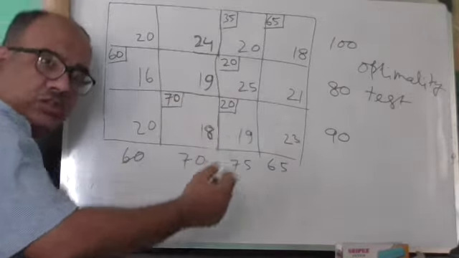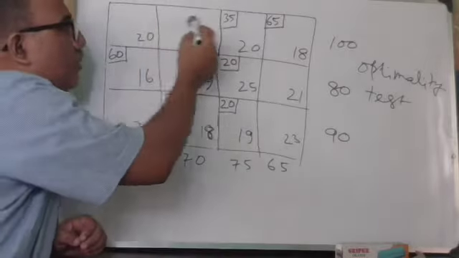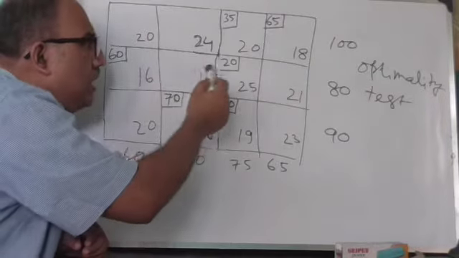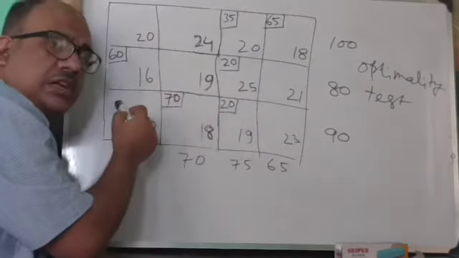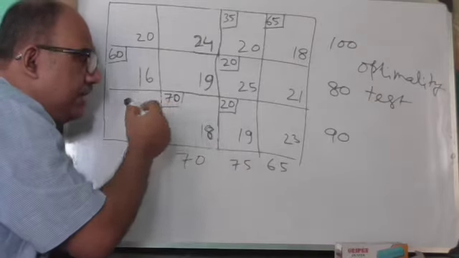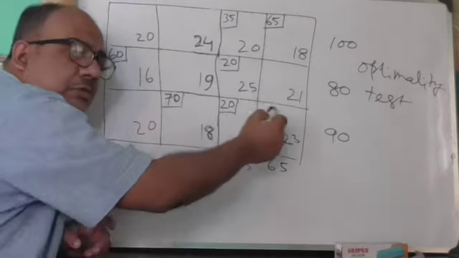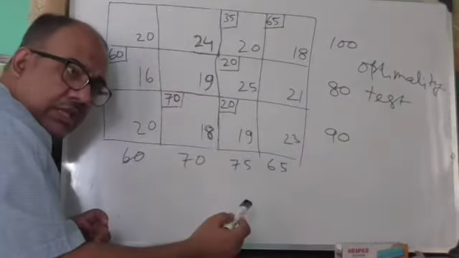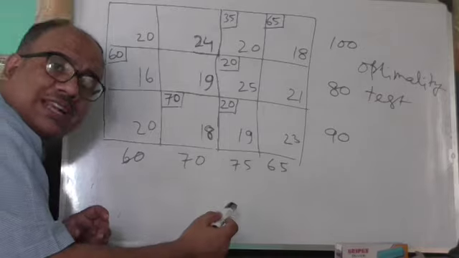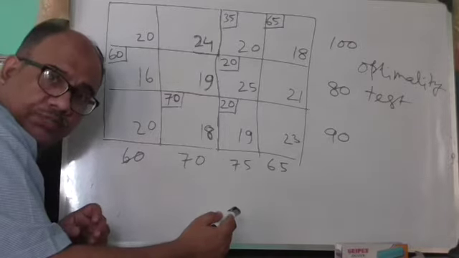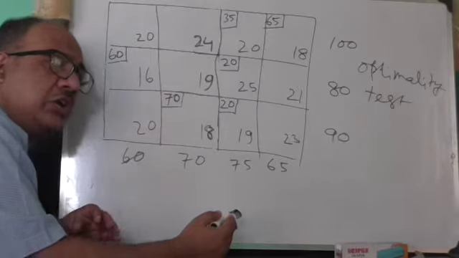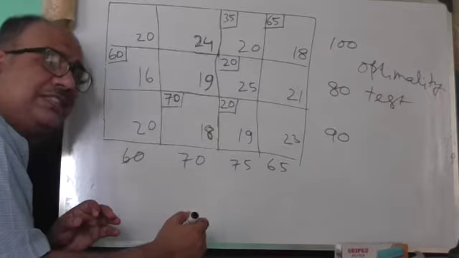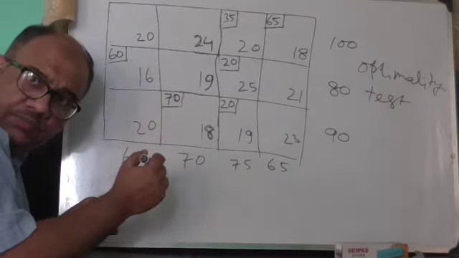Actually there are 6 independent constraints and the number of variables is 12: x11, x12, x13, x14, x21, x22, x23, x24, x31, x32, x33 and x34. So there are 12 variables and 7 constraints. And out of the 7 constraints, there are 6 independent constraints. So that means there are 6 basic variables in this case.